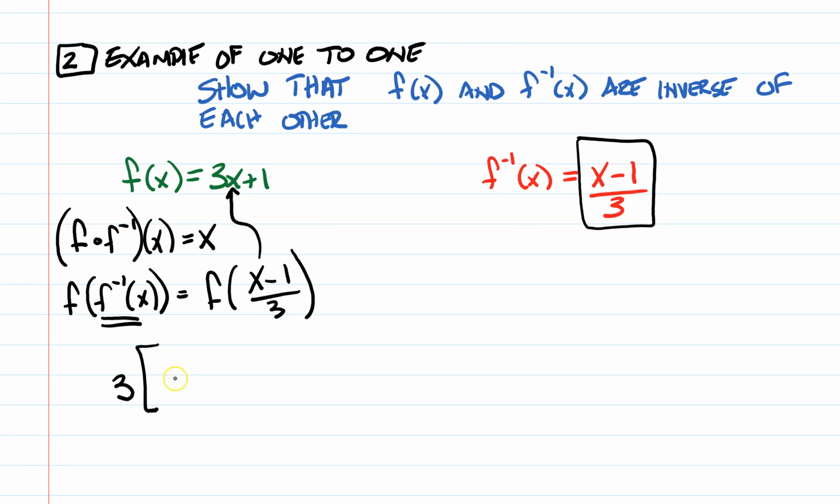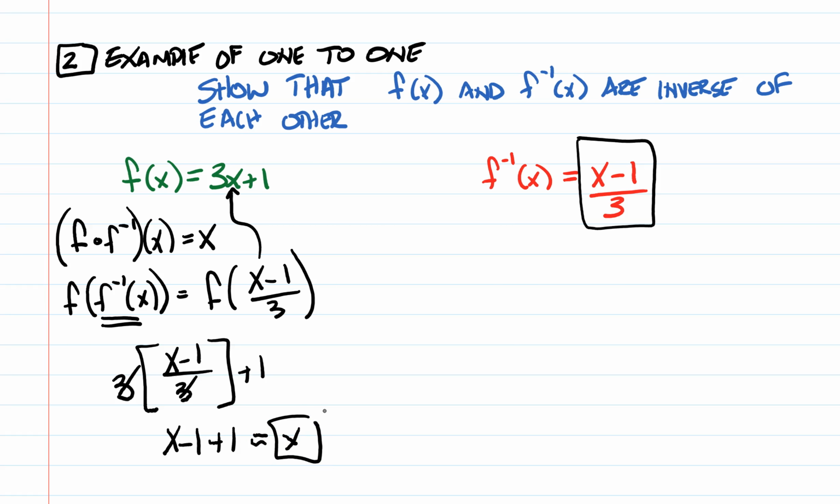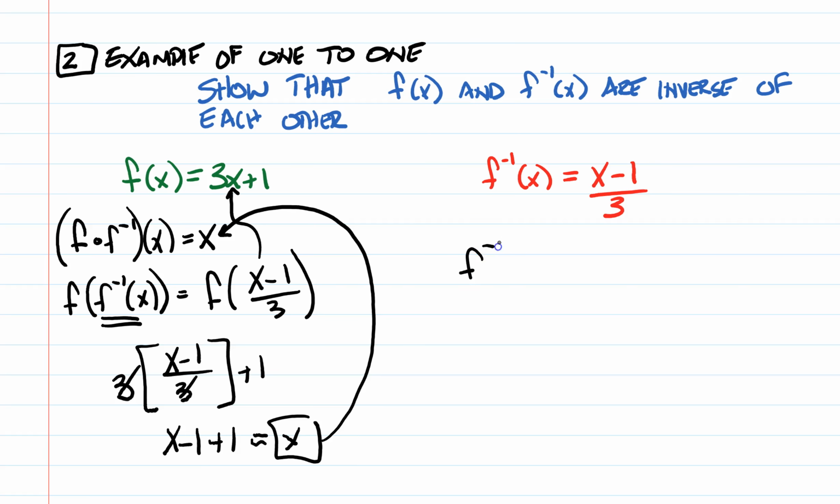So I'm going to have 3 times x minus 1 over 3, and then plus 1. So the 3 times all this stuff cancels out. That leaves me with x minus 1 plus 1, and that gives me x, and that's what I wanted to show. I wanted to show that f of f inverse of x gives me back x. In addition, I also want to show that f inverse of f of x also gives me back x.